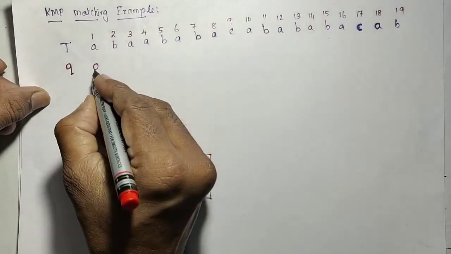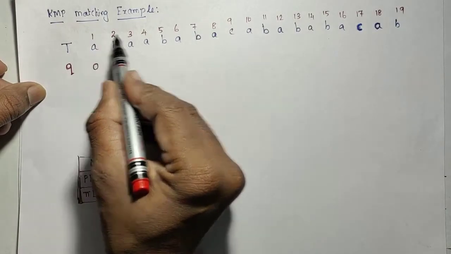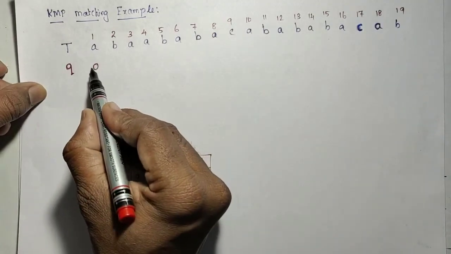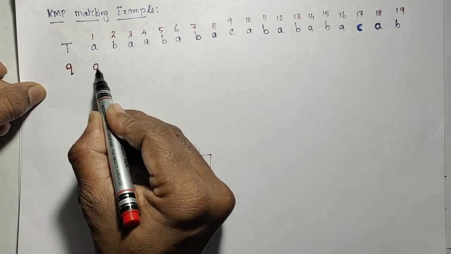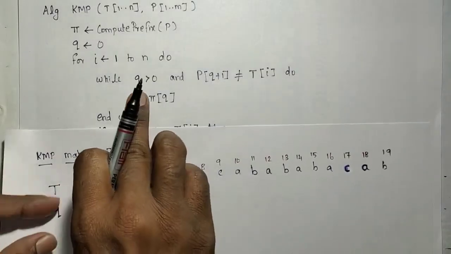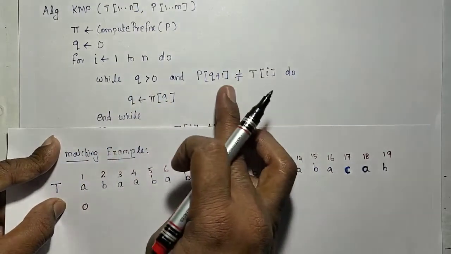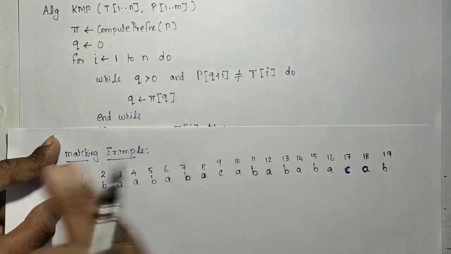Let's see this example. Initially the q value will be 0. i equals 1, I started from here. When we enter the first iteration, q equals 0, and in the while loop, while q greater than 0 and this condition, q needs to be changed.